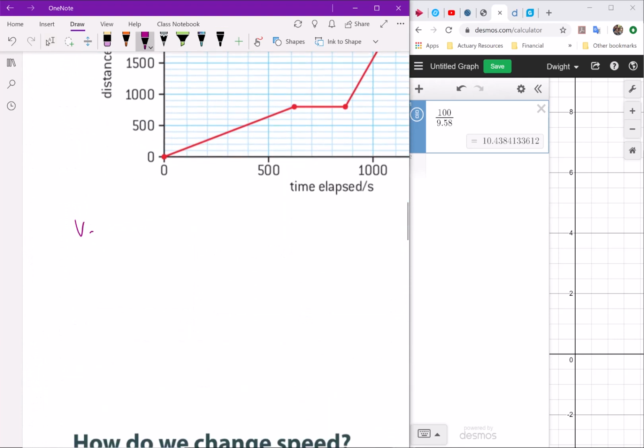Let's find the velocity from t equals 0 to t equals, let's do 600. Right, so we look at this, and let's just say this is at 600. It's a little bit off, but just for the sake of this problem. And then this point here is 600, and then 700.